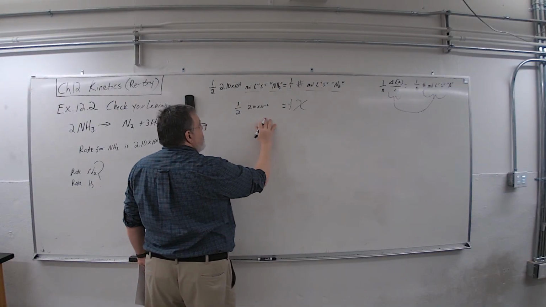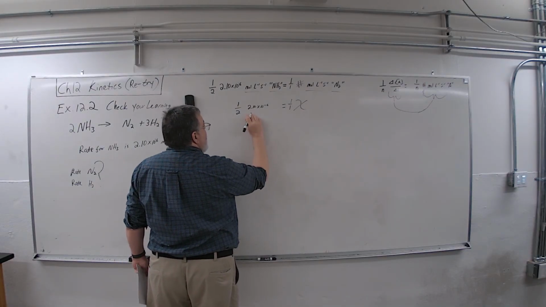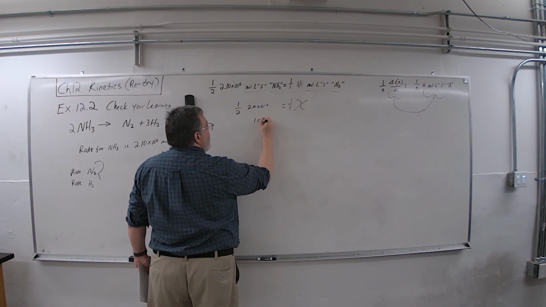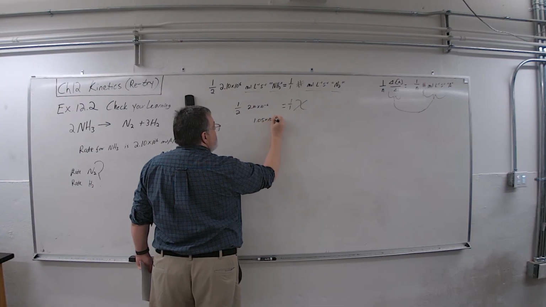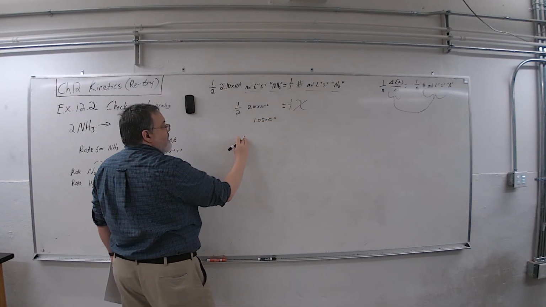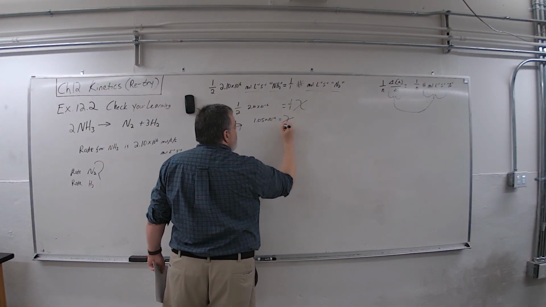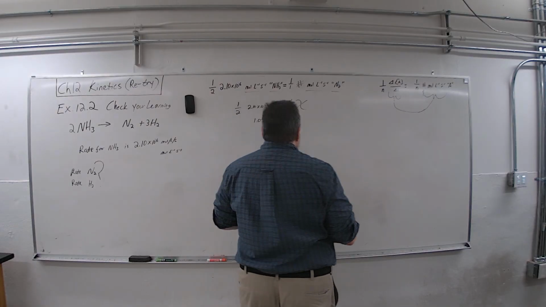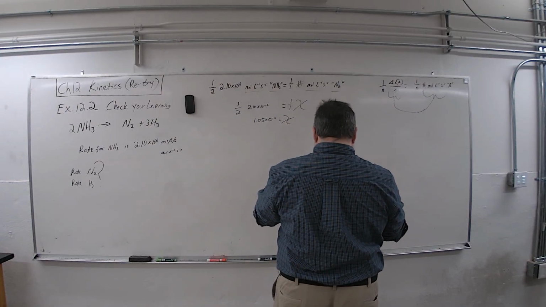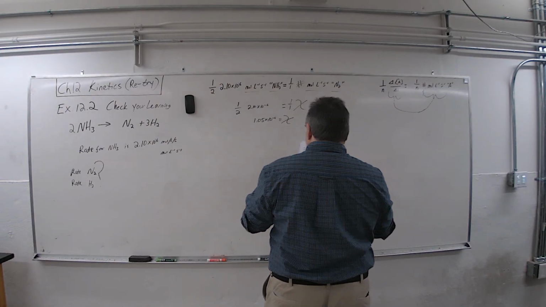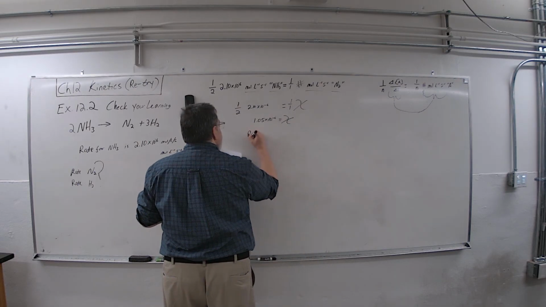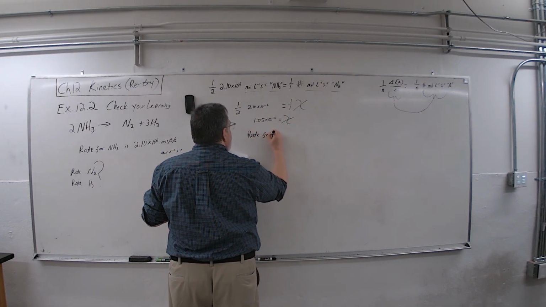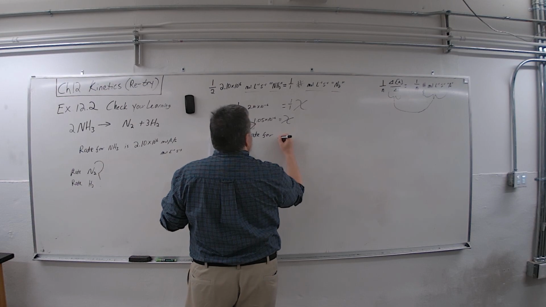If you do this math and X equals whatever this is, half of this is 1.05 times 10 to the -6. So if you just divide that by 2. So what that means is the rate, 105, the rate for, which one am I doing?